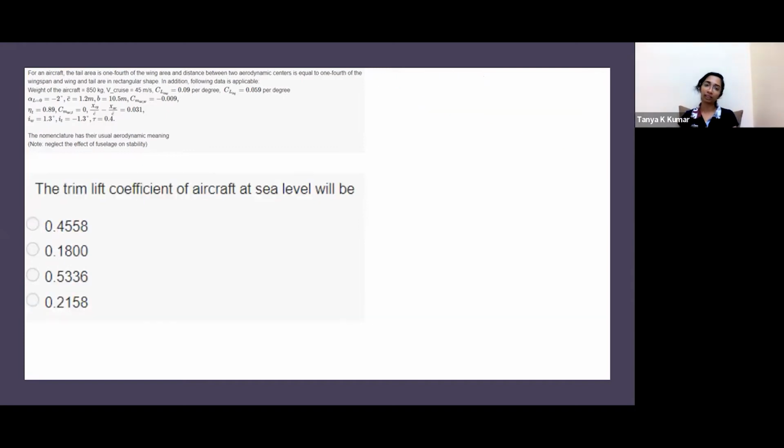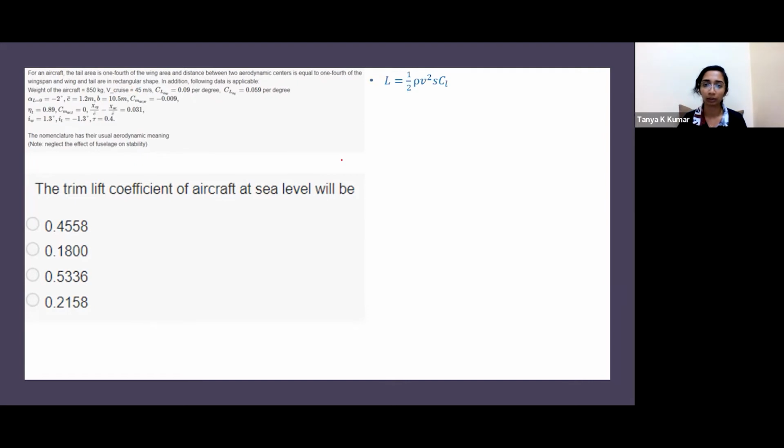Trim lift coefficient of the aircraft at sea level. So they've asked you to find CL trim. This is very simple. What is the equation that we've been using throughout? They've given you V trim, which in this case would be cruise.